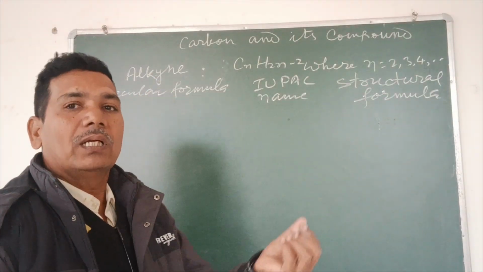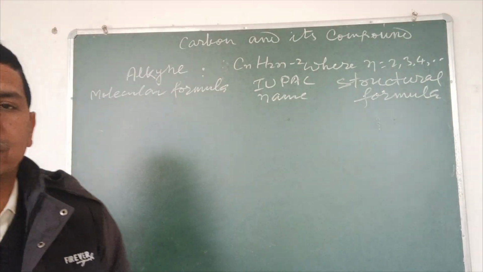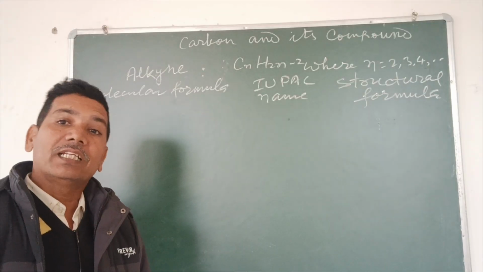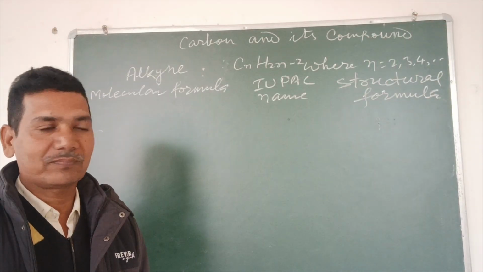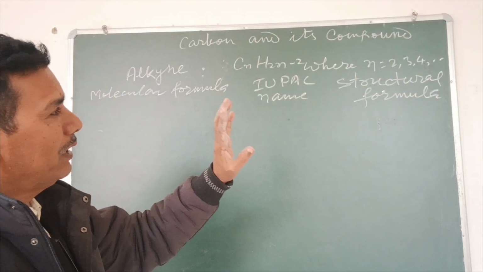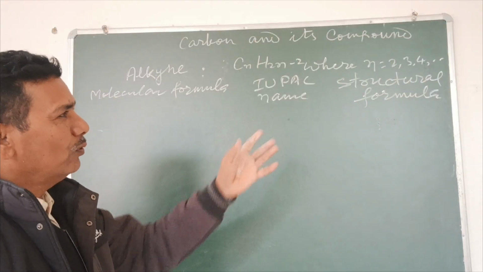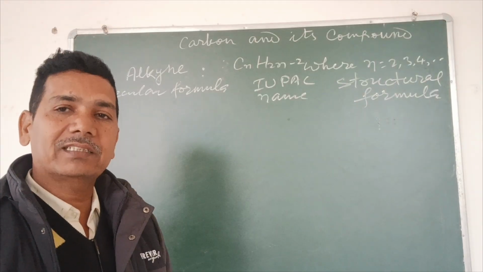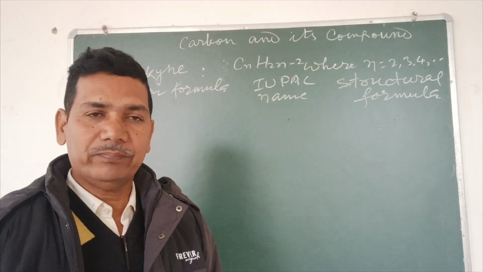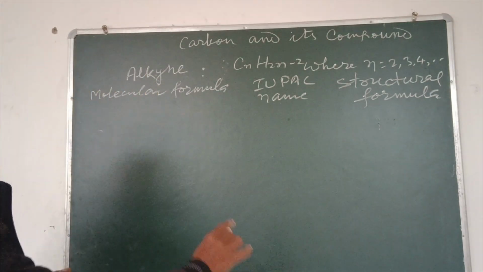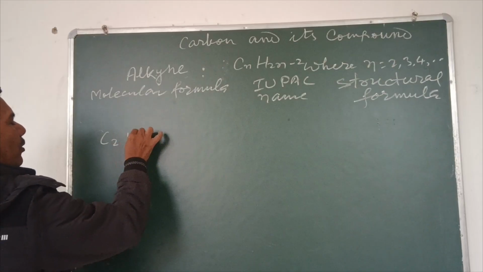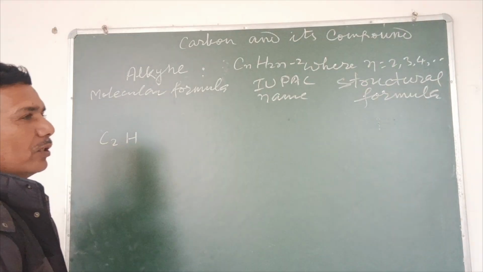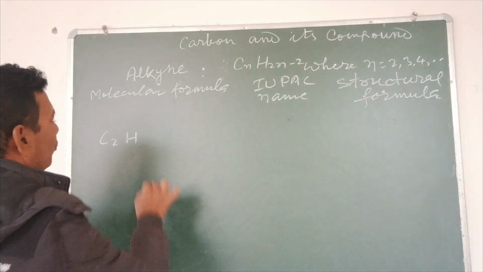In this group, the number of hydrogen atoms is 2 less than twice the number of carbon atoms, and n will start from 2 as it started in the alkene group. First of all, if we put two carbon atoms, then the number of hydrogen atoms will be 2 times 2, which is 4, minus 2.